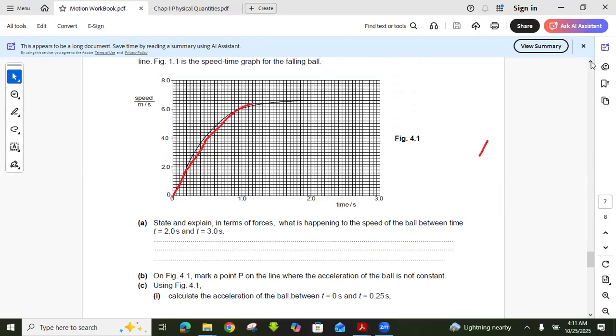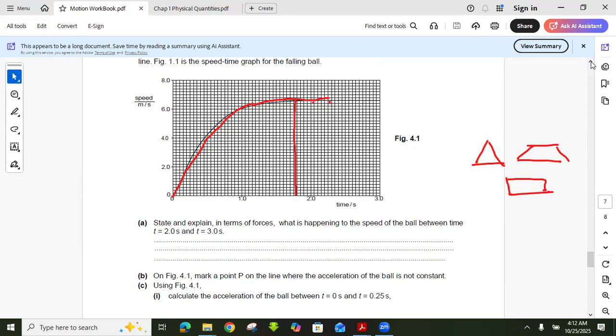Until now we have done shapes like trapezium and rectangle, but this shape is not a proper shape. So you are not able to find it exactly, but you can estimate it by counting the number of boxes. Let's see what is in the marking.